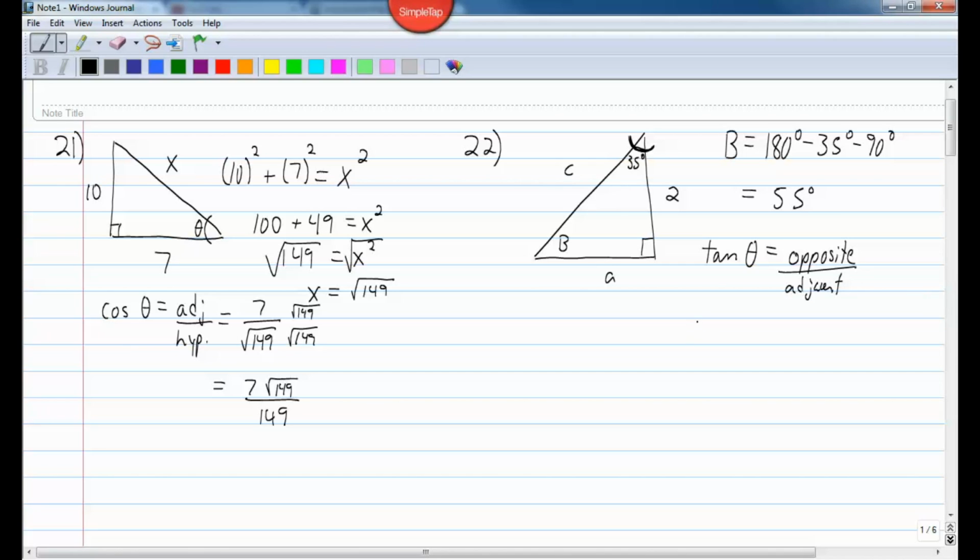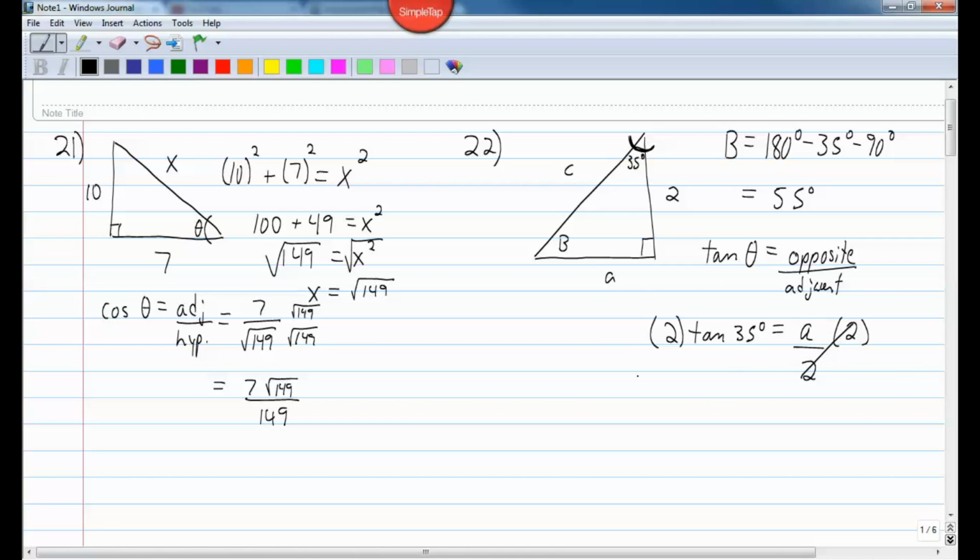If I set this up using tangent, the tangent of 35 degrees is equal to the opposite side, A, over the adjacent side, 2. When you set up these formulas, make sure that you only have one variable. You have to know pretty much everything that you put in your formula except for one value. Now we want to solve for A. To get A by itself, I'd multiply both sides of the equation by 2.